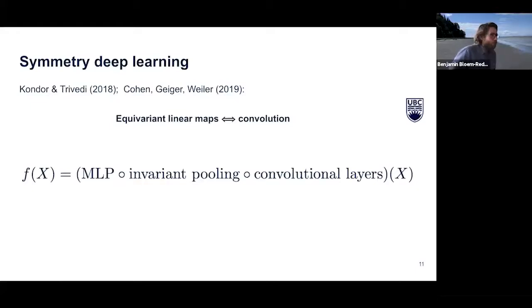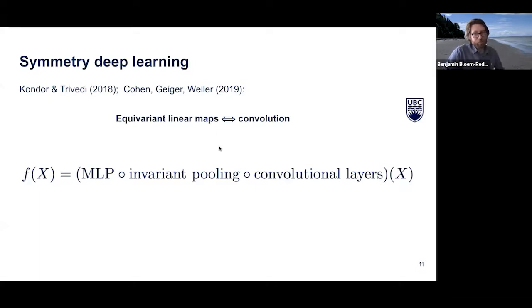In deep learning, we know that these get used all the time, and as I mentioned, there's been a whole lot of research in the last couple of years working out the details of how to implement convolutional layers for different symmetry groups, for different data types. It's actually a pretty big literature now, and I don't even feel comfortable saying that I know all of it.